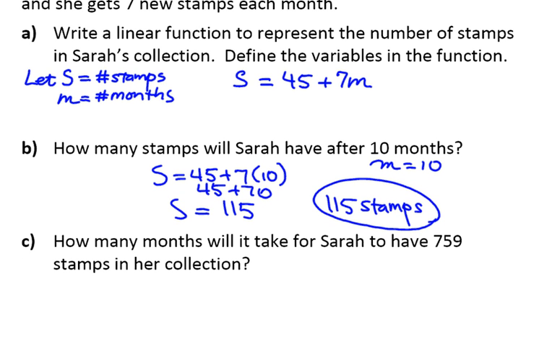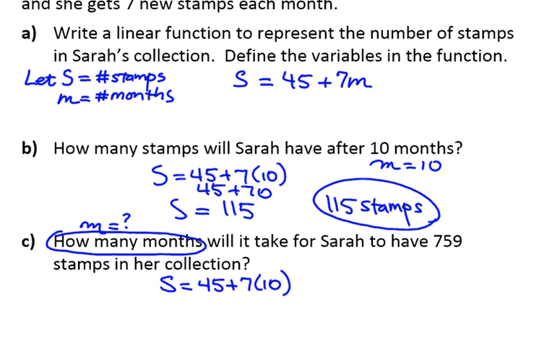This next one says, how many months will it take for Sarah to have 759 stamps in her collection? So this really right here, how many months, is asking what M is going to be equal to. So that's what we're going to be looking for. So we'll start with our equation again.